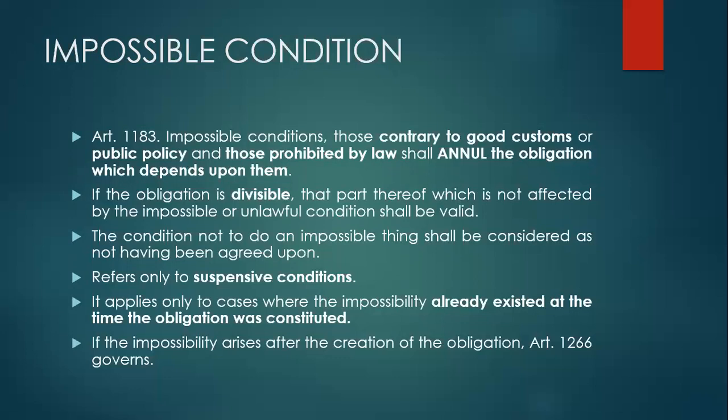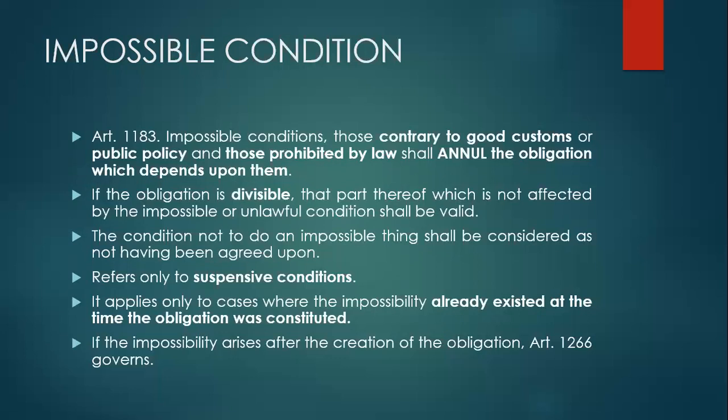An example is A obliges himself to pay B 10,000 pesos if B will not fly. Take note here that the condition is if B will not fly. And that condition is an impossible thing because a person cannot fly.